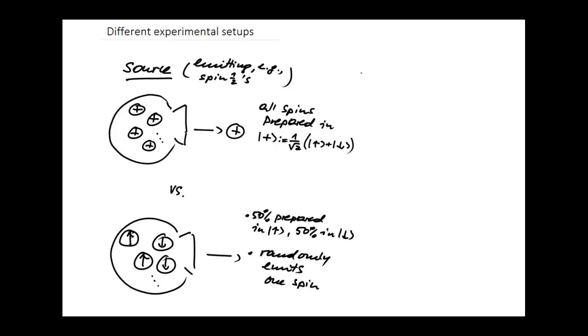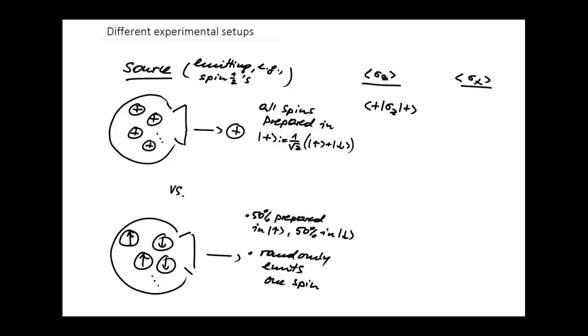Now let's calculate for these two scenarios the expectation value of the z component of Pauli spin and the expectation value of the x component of Pauli spin. In the first case, the expectation value is given in this form.